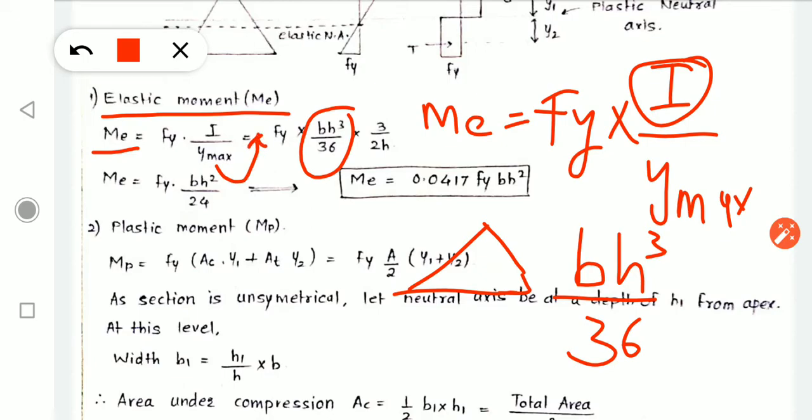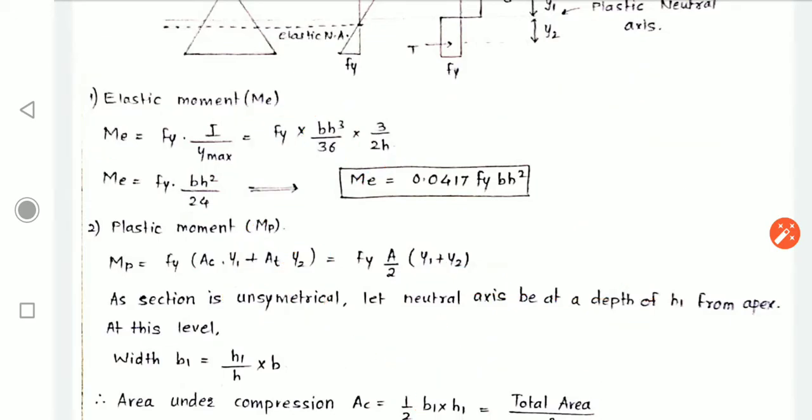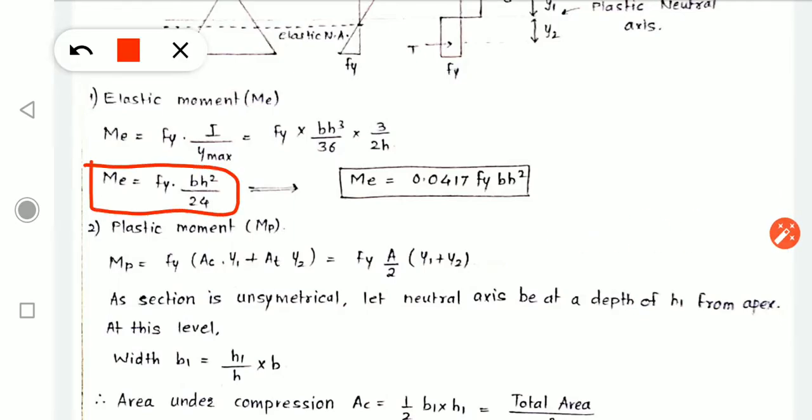Therefore the Y distance for the ME calculation for the triangular shape is 2h by 3, but I wrote it on the numerator side, therefore it becomes 3 by 2h. Understood? Now if we simplify this, you will get ME equals Fy into BH square divided by 24.